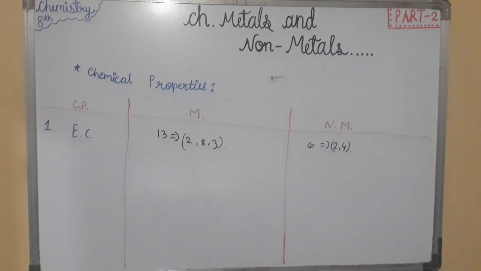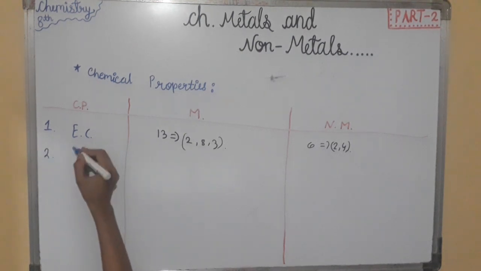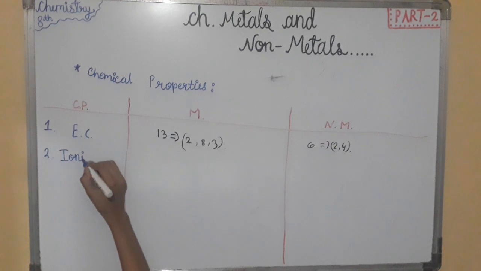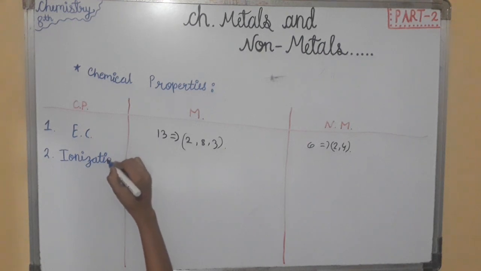Second is ionization. In metals, they lose valence electrons and form cations.